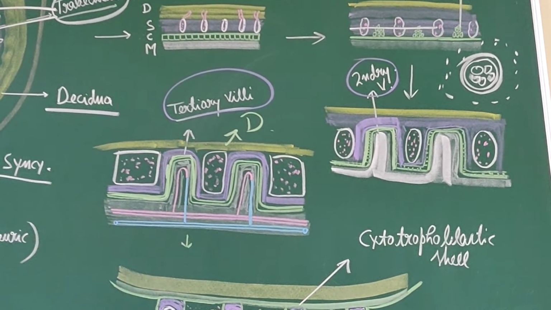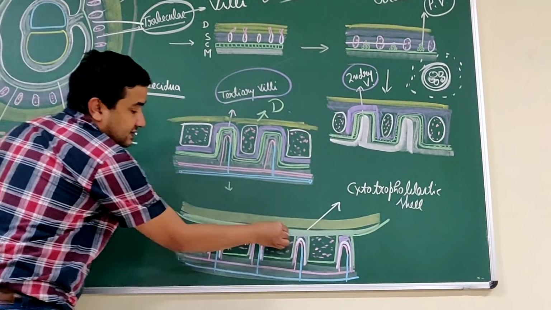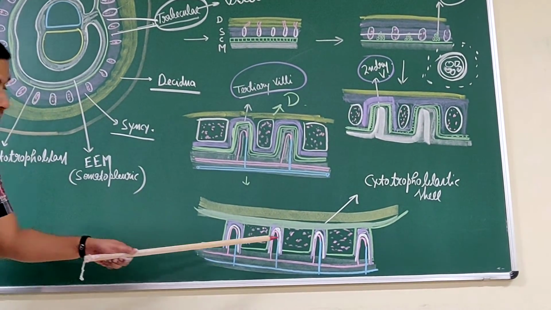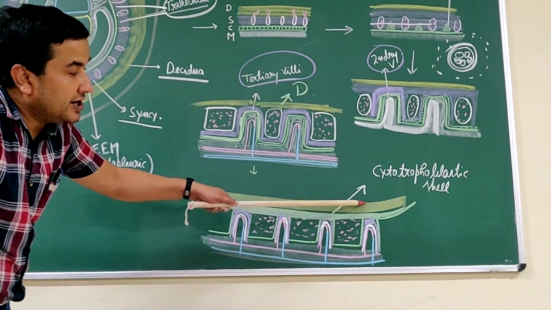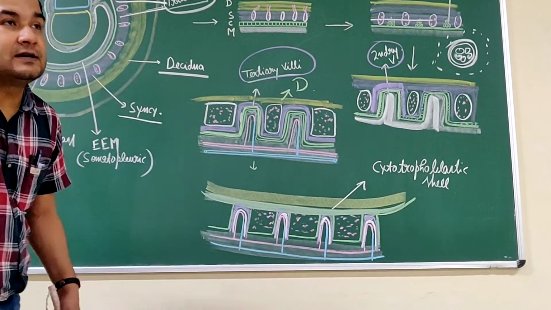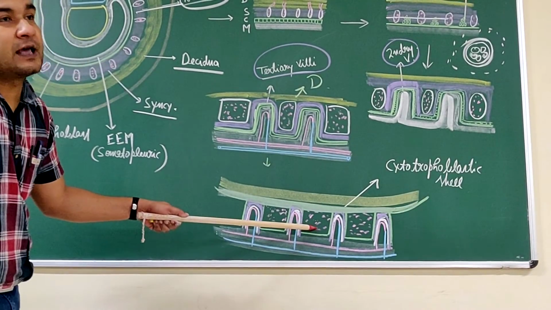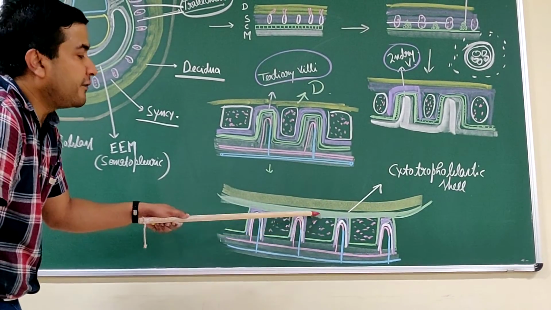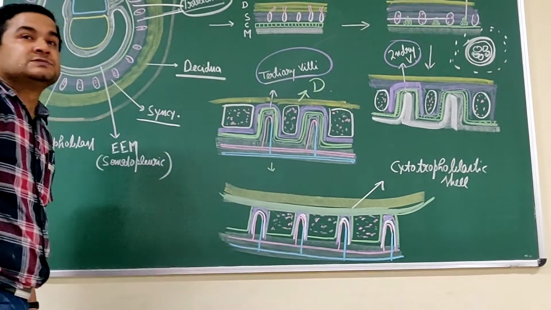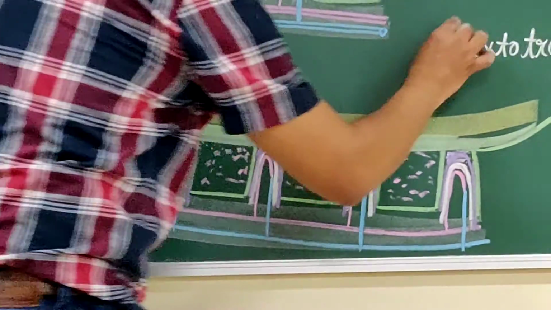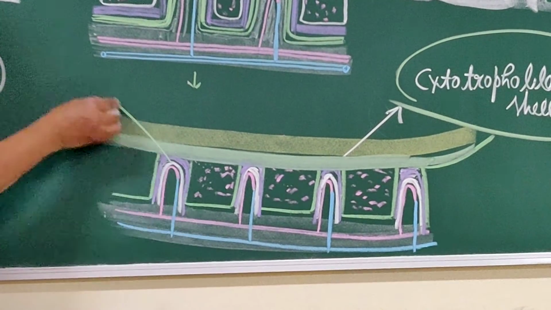With further development, this cytotrophoblast forms a cell-like structure, and they separate or form a partition between the endometrium and the syncytiotrophoblast. Now this syncytiotrophoblast cannot further invade this endometrium because of the formation of this shell, and this shell is the cytotrophoblastic shell formed by the cytotrophoblast. Now these are the villi.